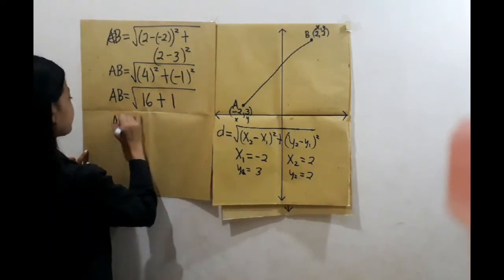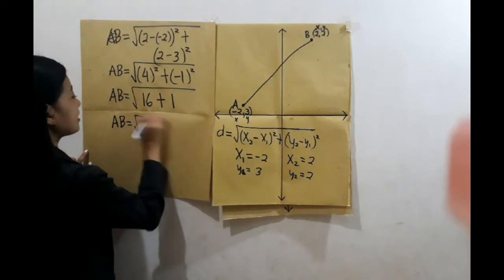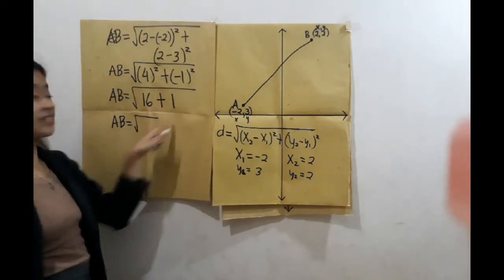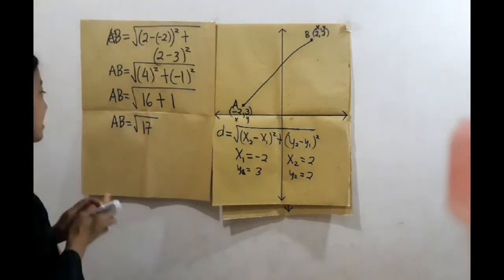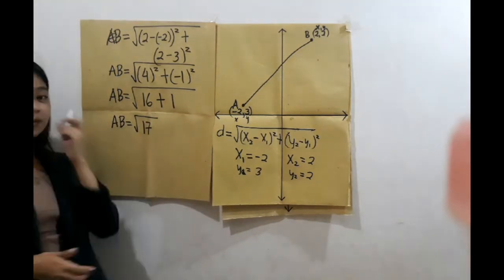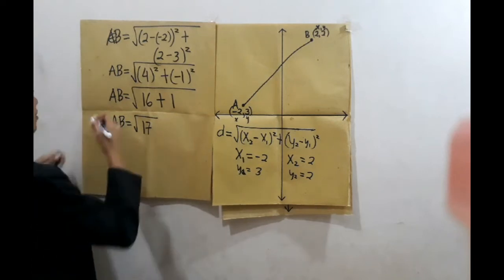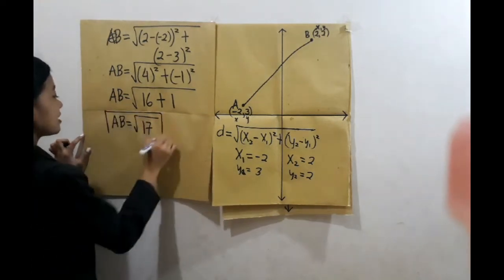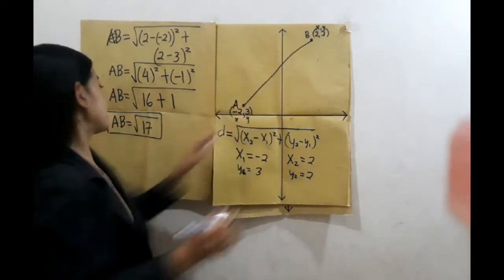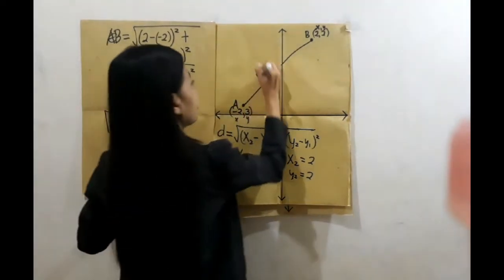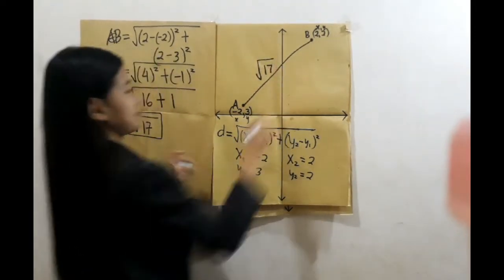So again, copy the radical sign. 16 plus 1 is equal to 17. And since 17 is not a perfect square, this is now our final answer. So the distance between point A and point B is equal to the square root of 17.